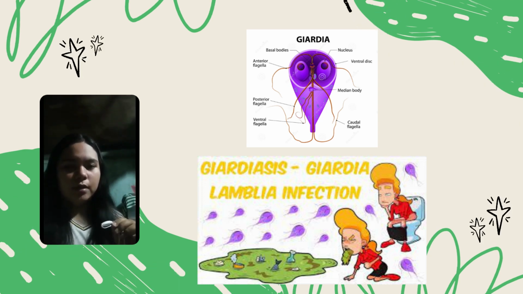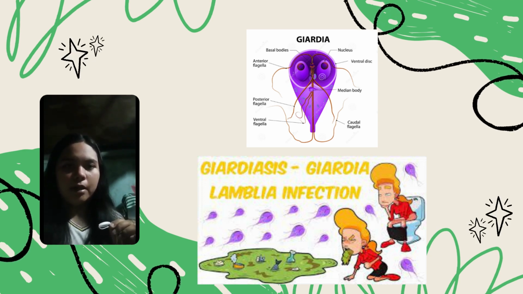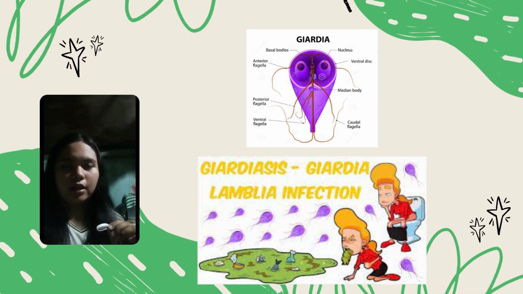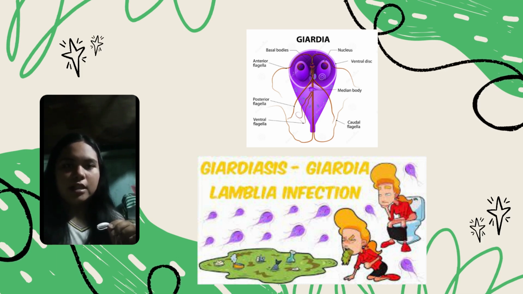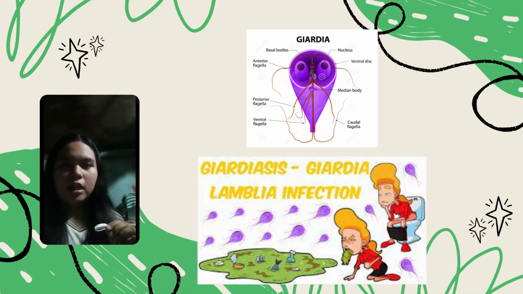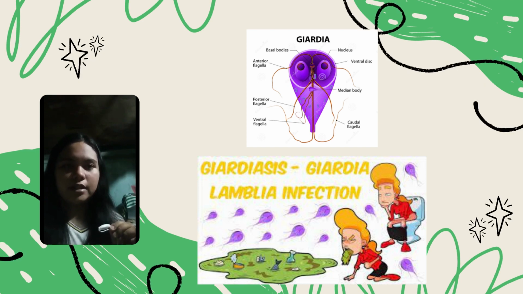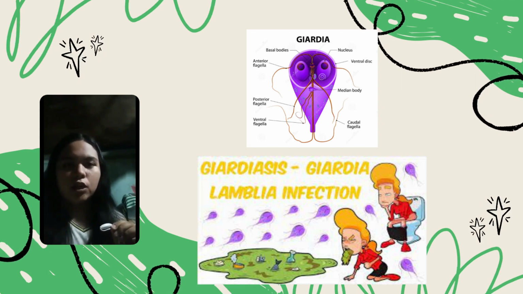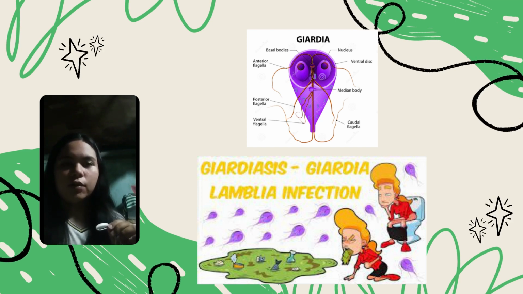Also, other than humans, many species of mammals may act as reservoirs, and the infection is common in those engaging in oral to anal contact. High incidence has been seen in daycare centers and mental care facilities. The parasite is primarily transmitted through ingestion of the cyst from fecally contaminated water and food.